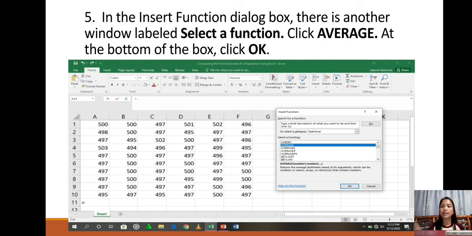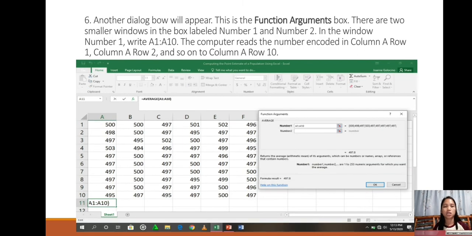STDEV.P is for population, and STDEV.S is for sample standard deviation. So now, let us proceed to step number 6.